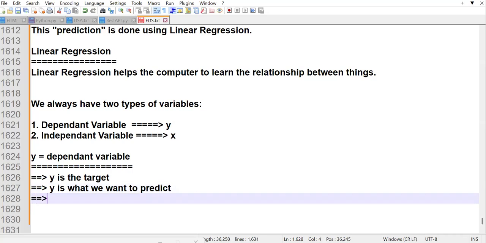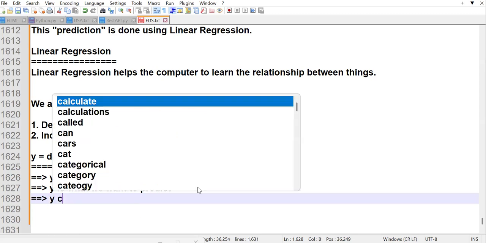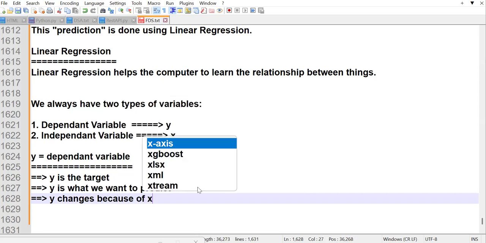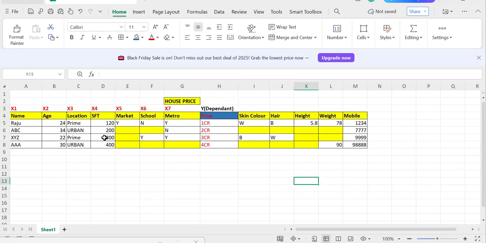And we can say y changes because of x. If these x values change, meaning if the location, square feet, market, school values change, the house price will be affected. Meaning the dependent variable will change.